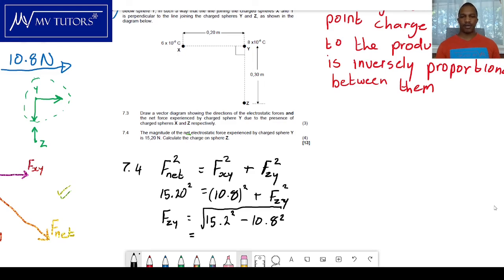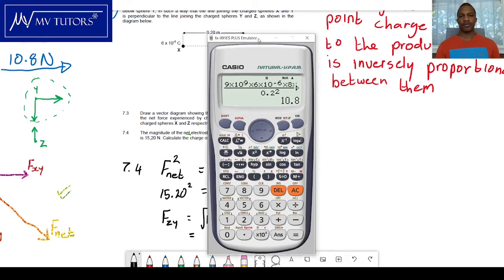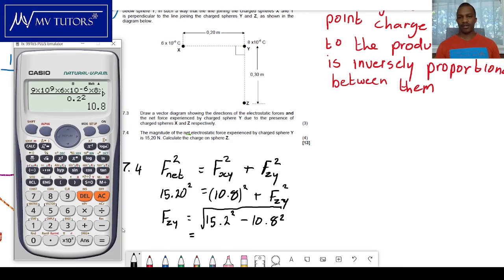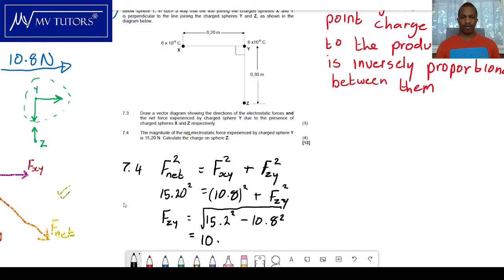Okay, so let's bring our calculator back. Let's put it this side. So we're going to say square root sign, 15.2 squared minus 10.8 squared, and then we get 10.7 newtons.